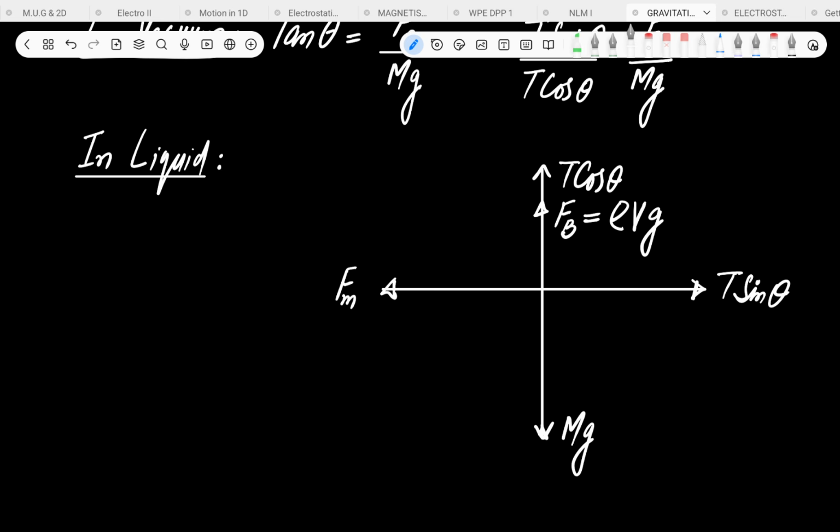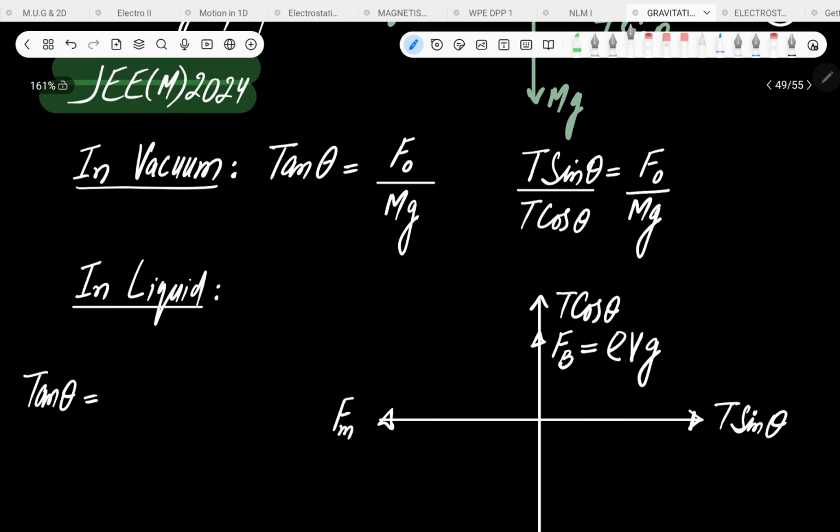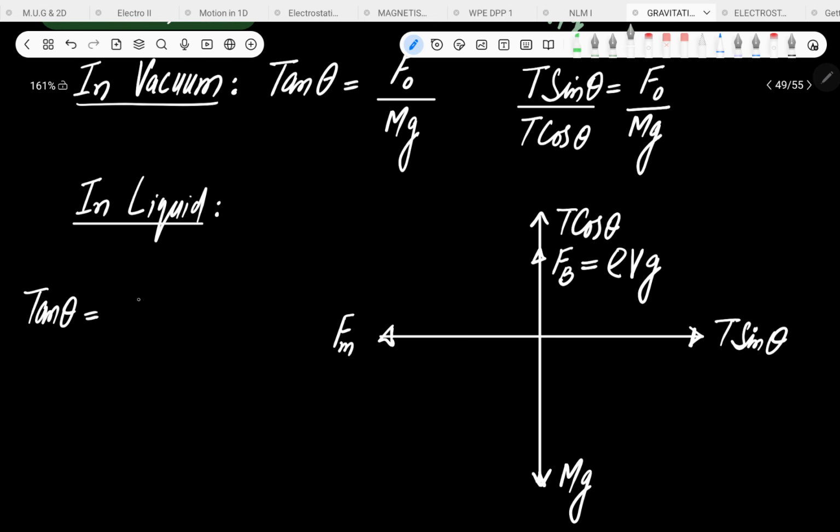Now what I'm going to write down is this tan theta. See, in vacuum, tan theta is equal to F naught divided by mg, isn't it? Inside the liquid, is this F naught going to change? Yes, of course it will change. It will be replaced by Fm.